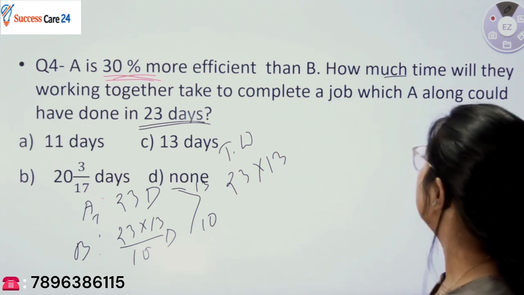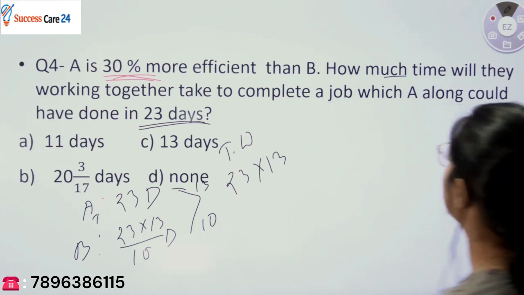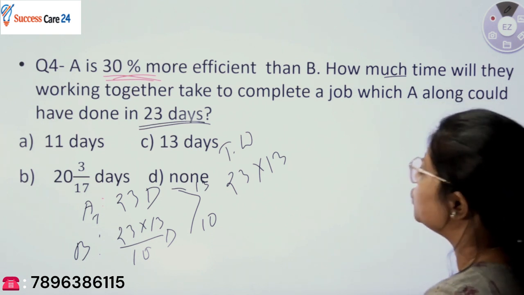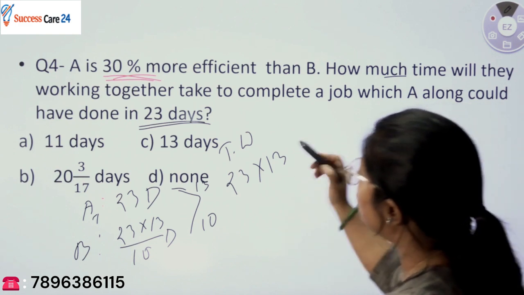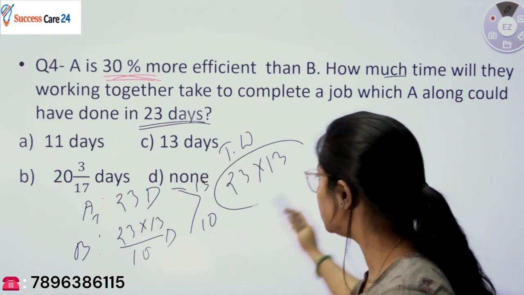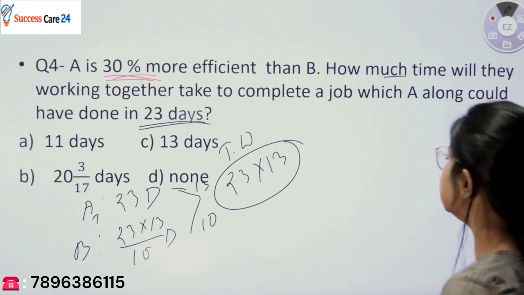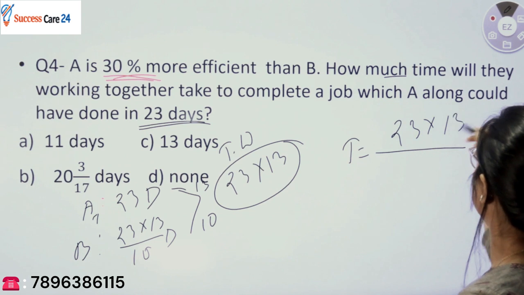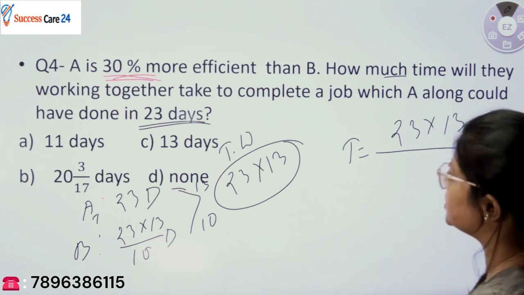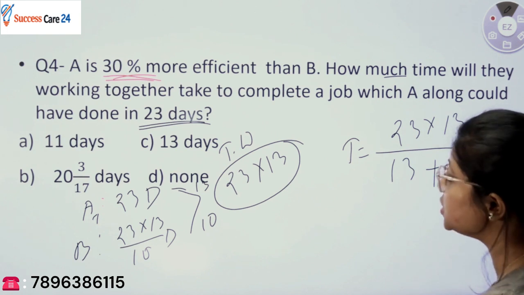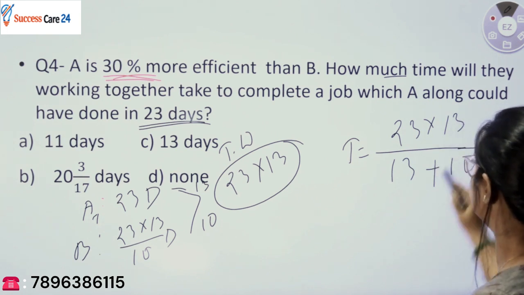Now you are asked to find how much time they will take working together. So now we know the individual efficiencies of A and B, and we know the total work also. Then we just divide the total work by the combined efficiencies of A and B, which are 13 and 10.